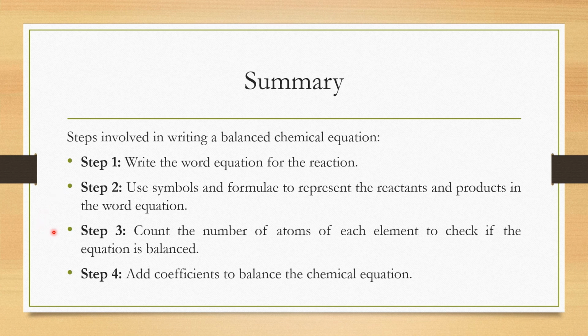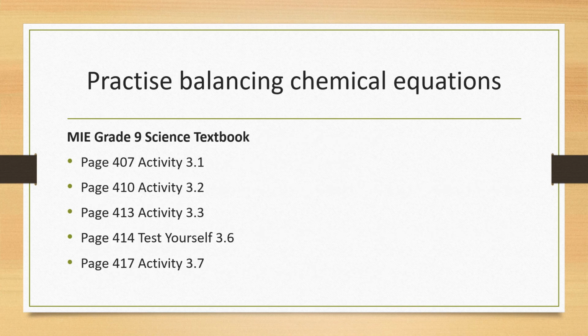In the next step, you count the number of atoms of each element to check if the equation is balanced. Then you add coefficients to balance the chemical equation. You can now practice balancing chemical equations from your textbook.